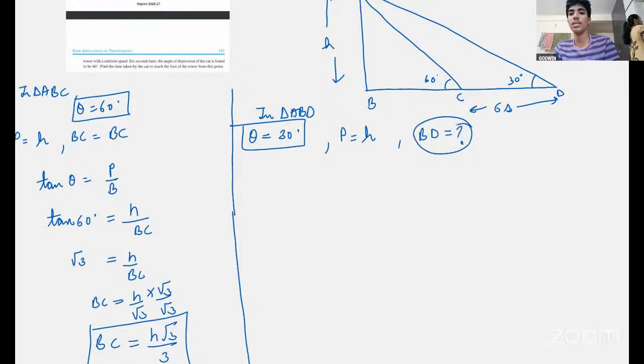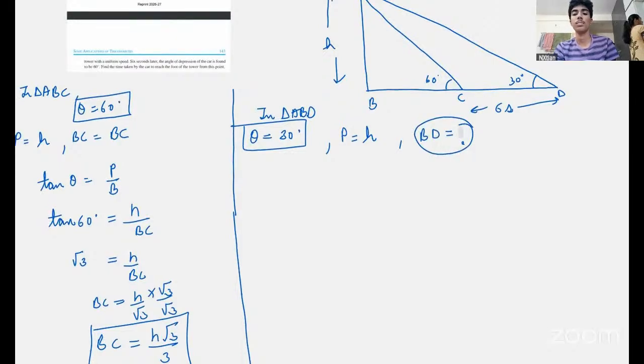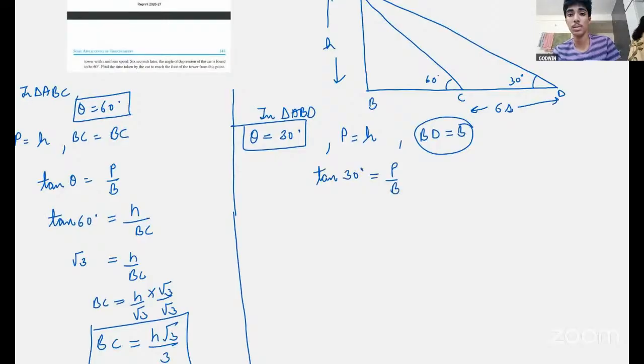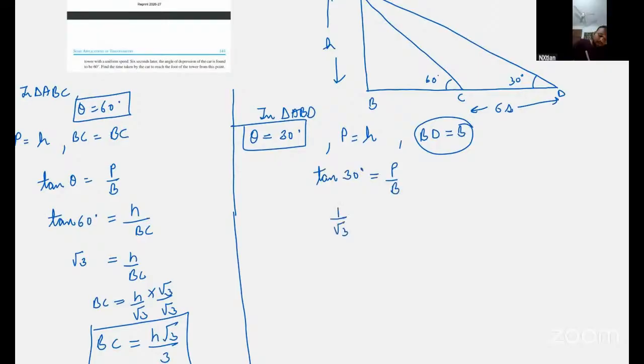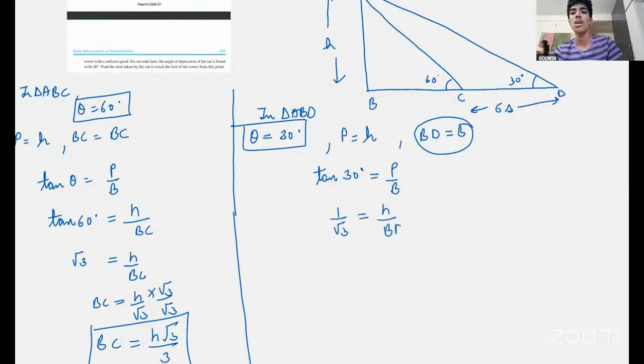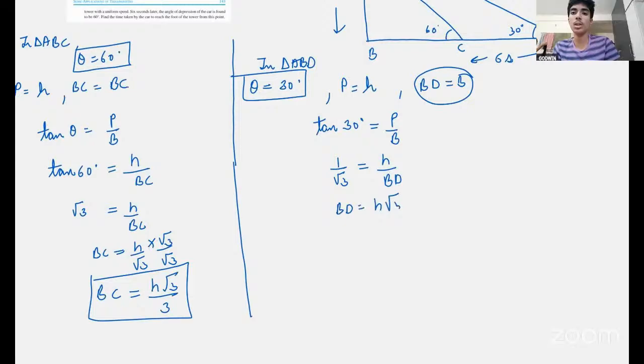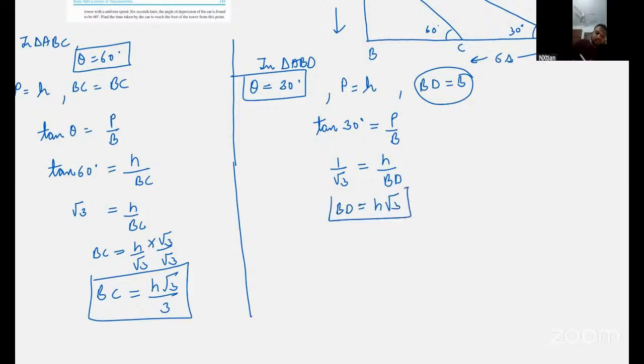And tan 30 is equal to perpendicular upon base. So 1 by root 3 is equal to h by BD. Because this is the full distance, no? So BD is equal to h root 3.